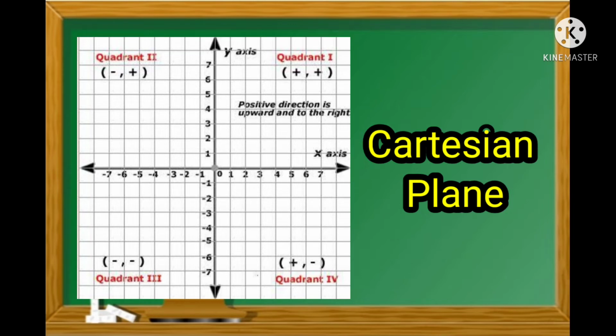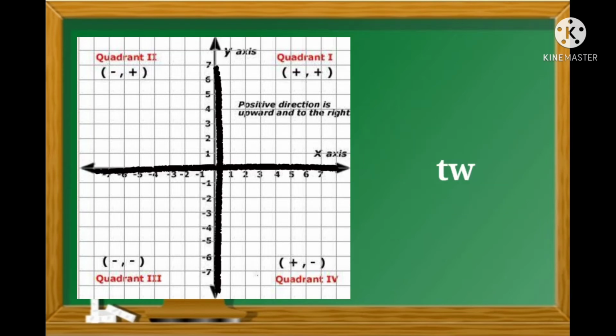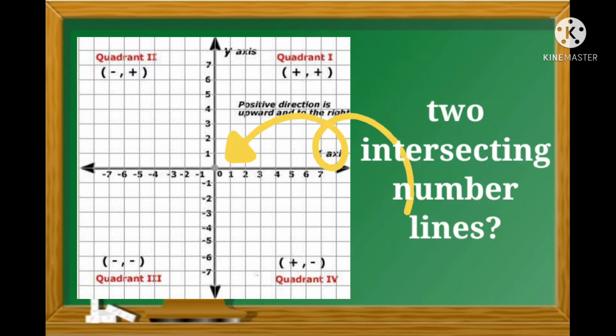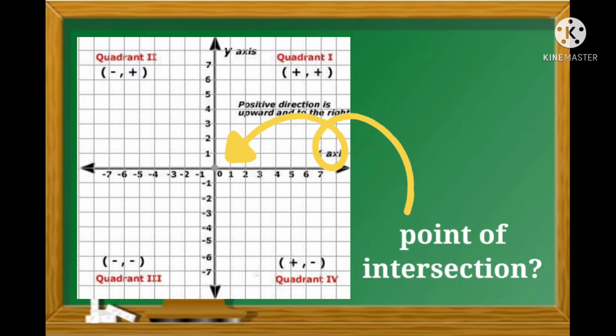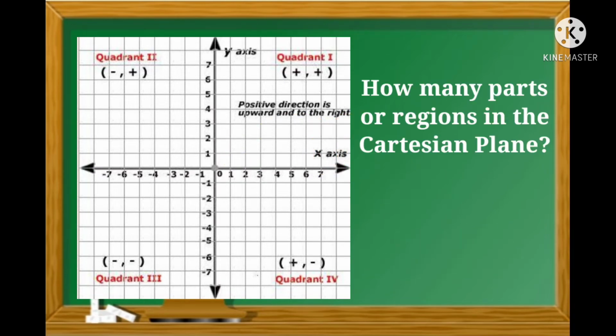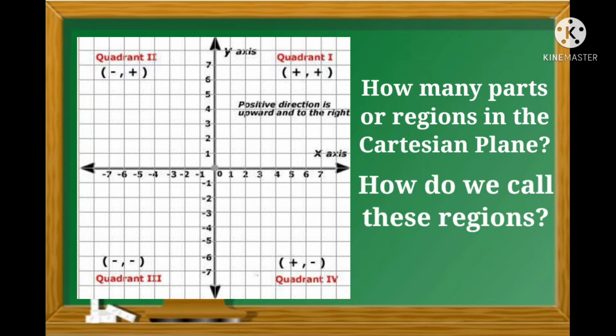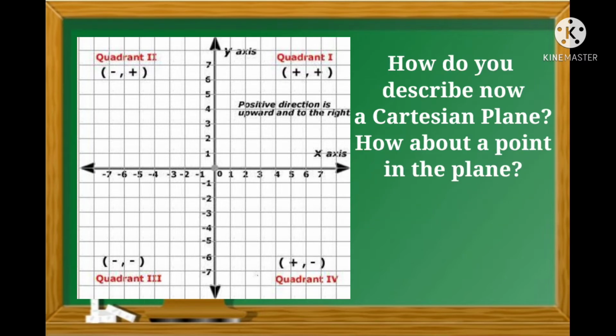In that illustration, what do you call the two intersecting number lines? The point of intersection? Into how many parts or regions is the plane divided? How do we call these regions? How do you describe now a Cartesian plane? How about a point in the Cartesian plane?